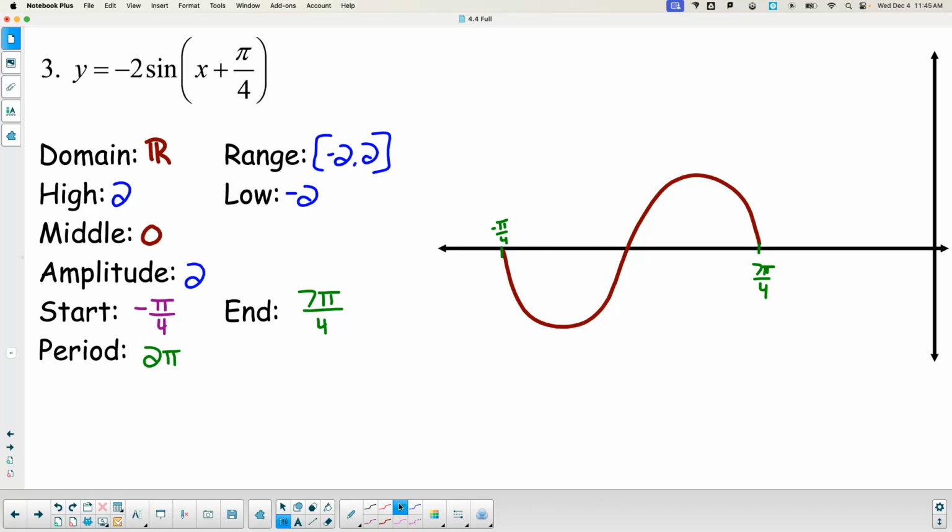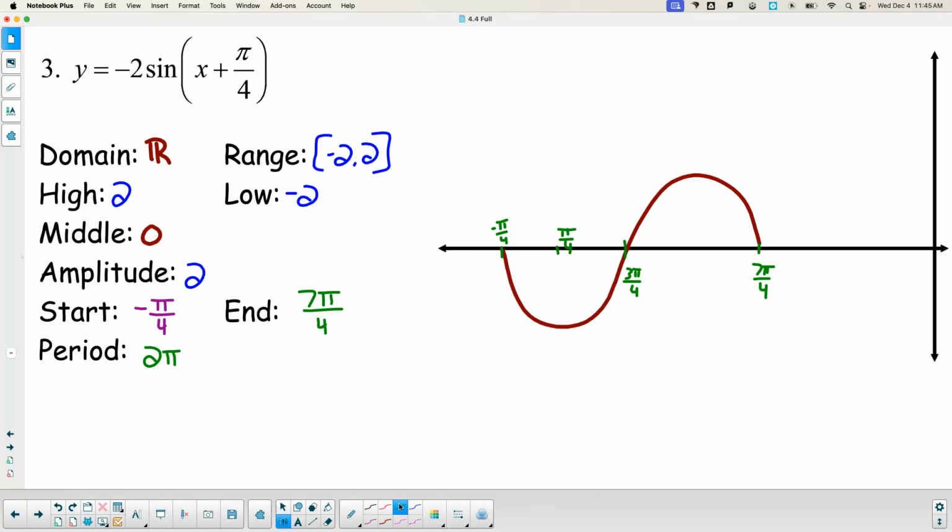That's going to make this be 3 pi over 4. That's going to make this be pi over 4.